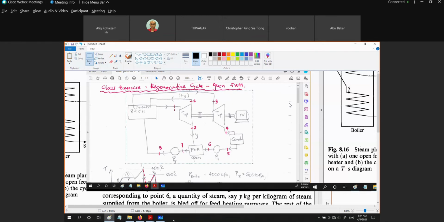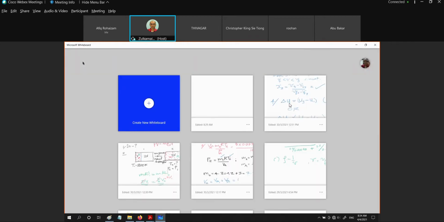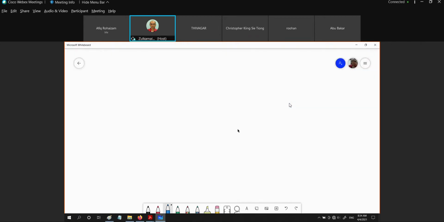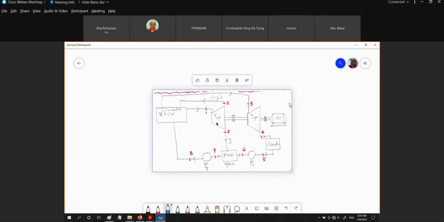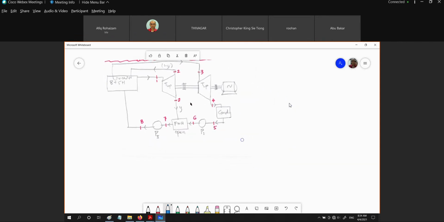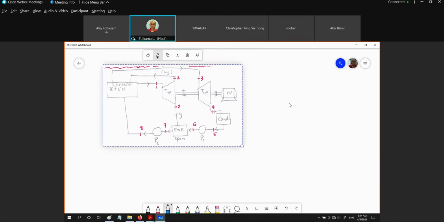Okay, this is the schematic diagram of the example that we are going to look into. Okay, what do you think of this schematic diagram of this plant?